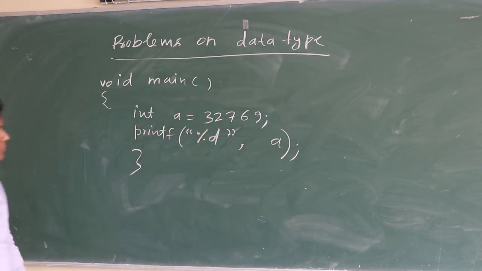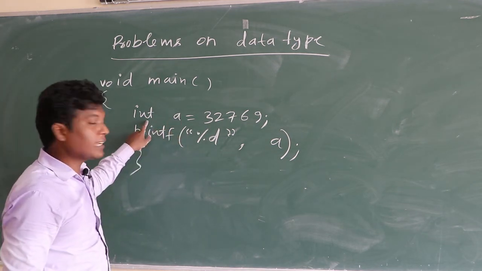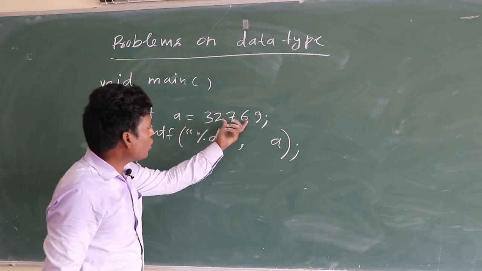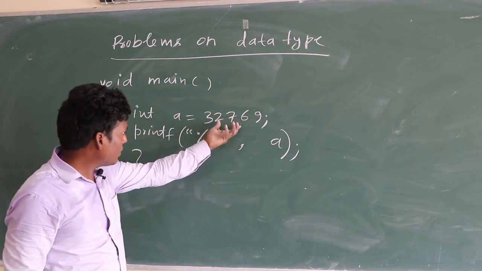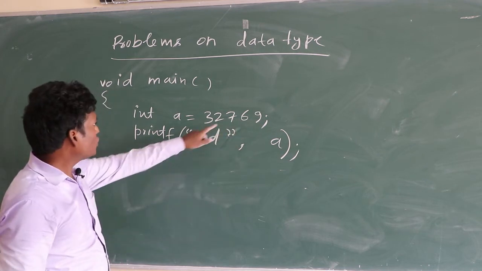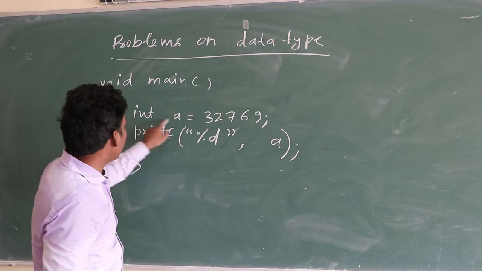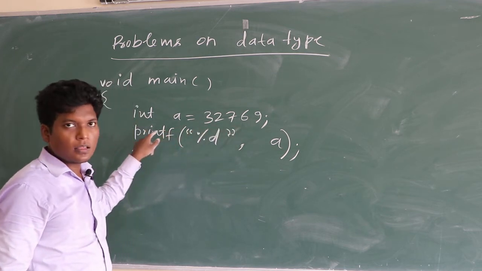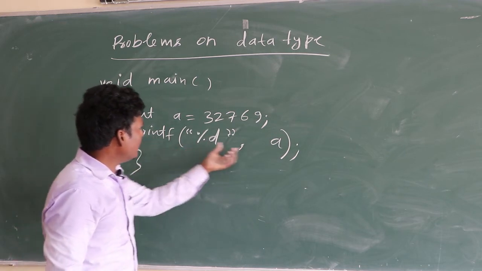Class, this is a program. A is an integer type variable, and this constant is also an integer, so there is no problem. There will be no syntax error. This is a constant, this is a variable, this is the data type. All are the same, all are integer type. So no problem. Printf %d a.